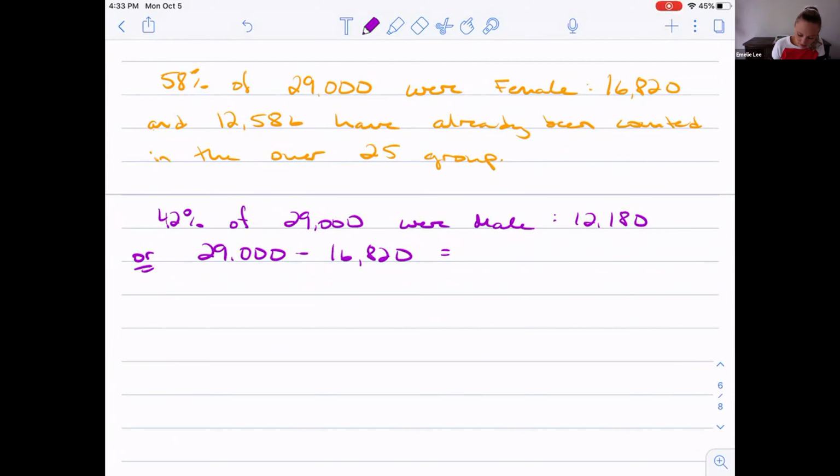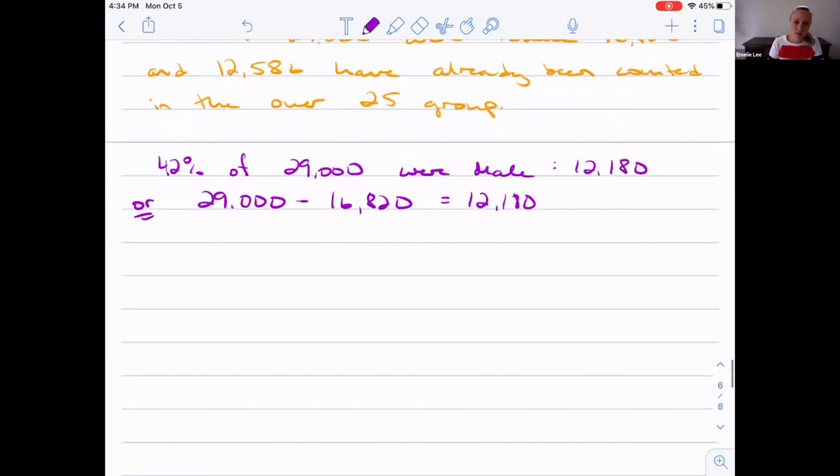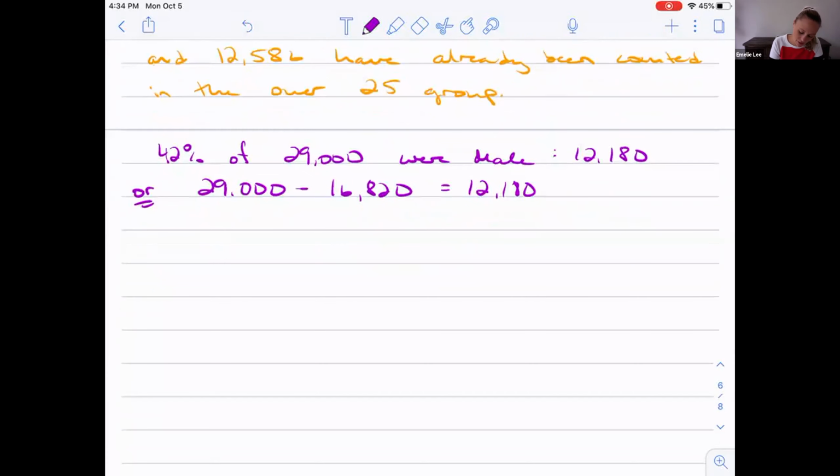Sometimes the only reason it doesn't work is if you've had to round your first answer, then you might not end up at the exact same answer. 12,180, right? So you've got two ways of getting to that piece of the puzzle. So 42% of 29,000 were male, or the 29,000 minus 16,820.